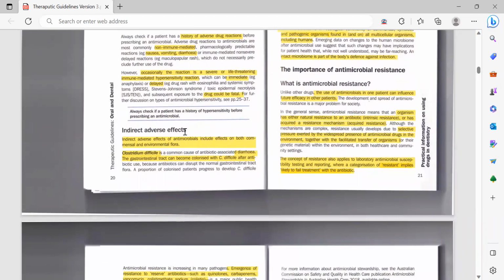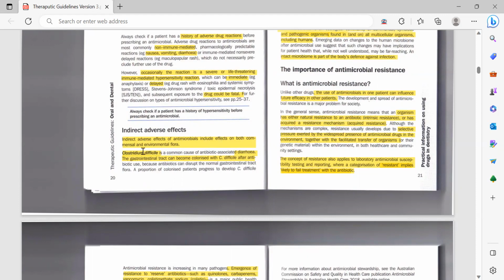Then the indirect adverse effects. These are mainly the effects that happen once the antimicrobial has gone inside the body, including effects on both the commensal flora, changing the inside environment, and that could lead to these effects.